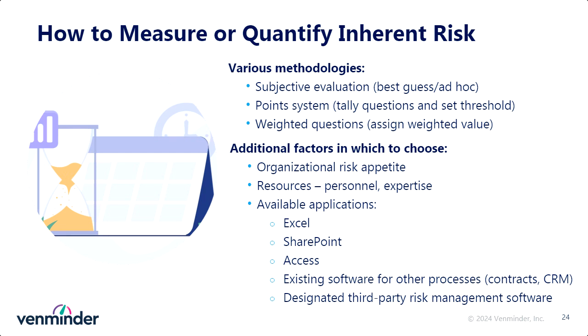A point system or weighted questions might produce more consistent results, but overall, it's important to choose a methodology that you know will be effective for your own program. And as far as applications, many organizations work with manual tools like Excel or SharePoint, but of course there's other software that offers third-party risk management capabilities or even designated software for third-party risk management.